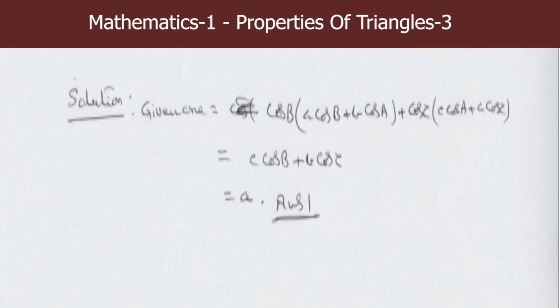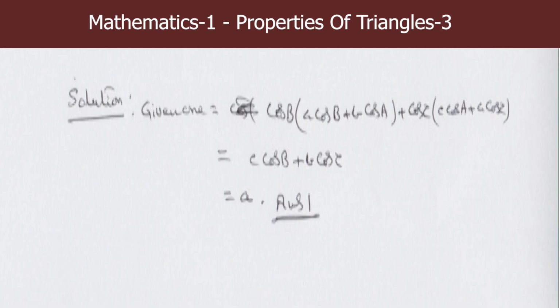So given expression is cos B into (a cos B + b cos A) plus cos C into (a cos A + c cos A + a cos C). Which is nothing but c cos B plus a cos C, which is nothing but small c, small a. So the correct option is option number 1.